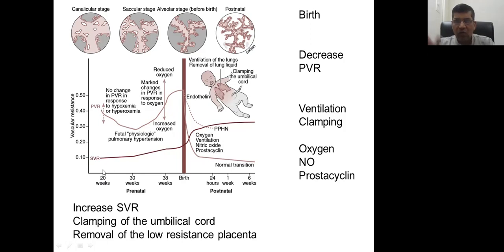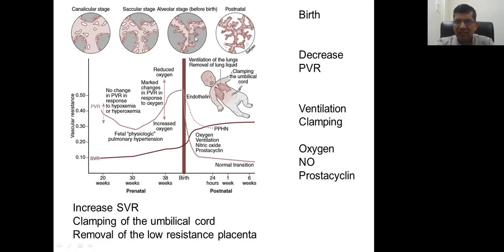In the saccular stage, from 30 weeks onward, there are more pulmonary vessels and the area is increased, but the pulmonary pressures are still higher than the systemic pressure. Definitely slightly less than at 20 weeks, but still very high.